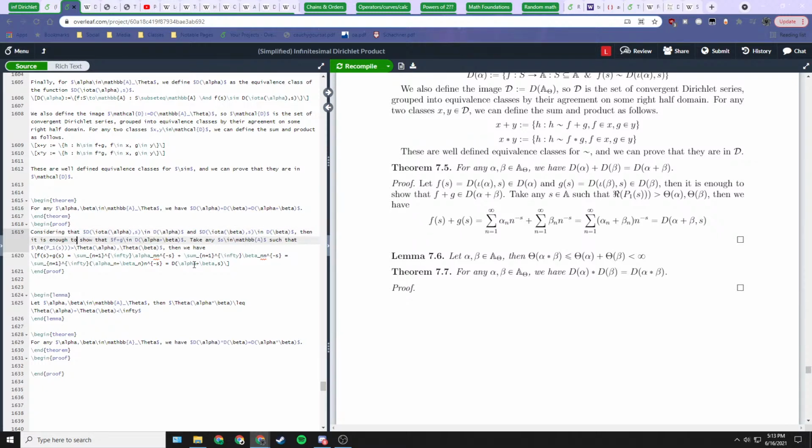So it's enough to show that the sum D iota alpha with s plus D iota beta with s is in this D alpha plus beta.